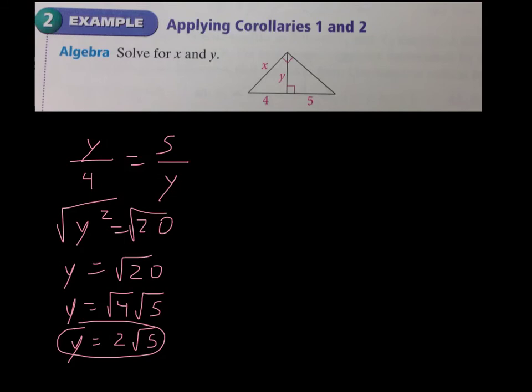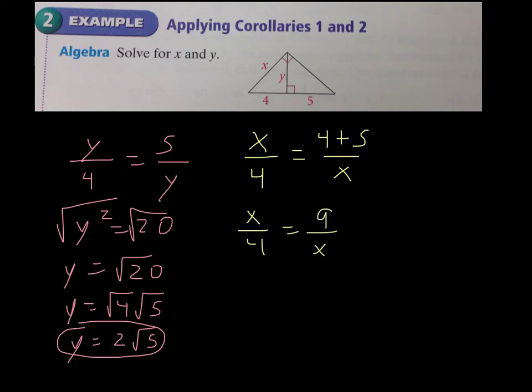Now, let's see if we can get x. x is the geometric mean for the adjacent part of the hypotenuse, which is 4, and the entire hypotenuse, which is 4 plus 5. So x over 4 is going to equal 9 over x.